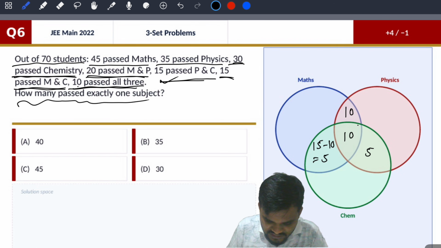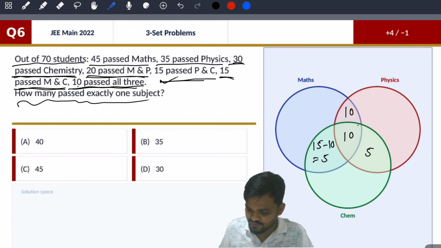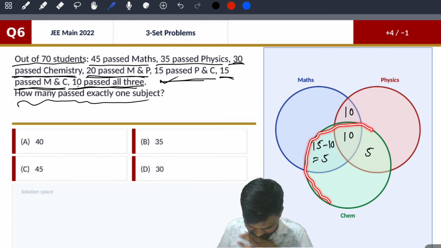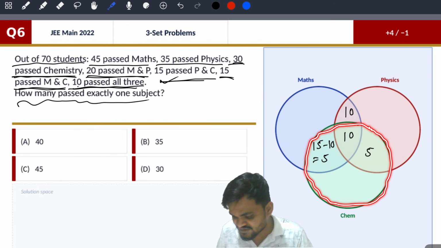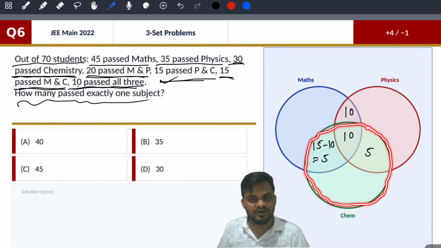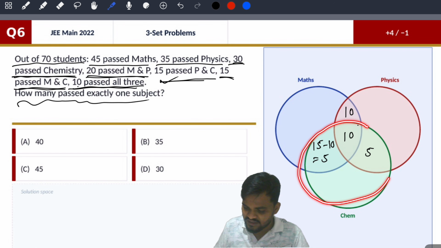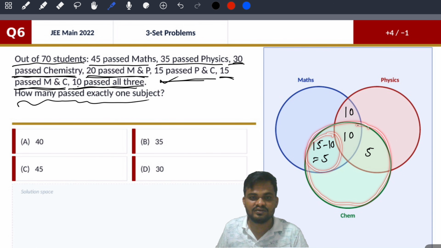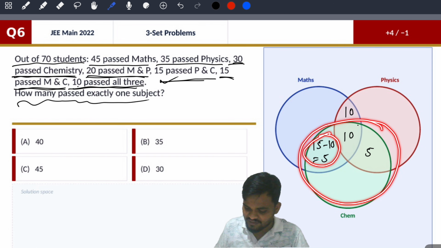30 passed in chemistry. Listen carefully. This is my chemistry. In chemistry, 30 students passed, so out of 30 you already took 5 students as chemistry and physics only, 10 students in all three subjects, and 5 students in math and chemistry.